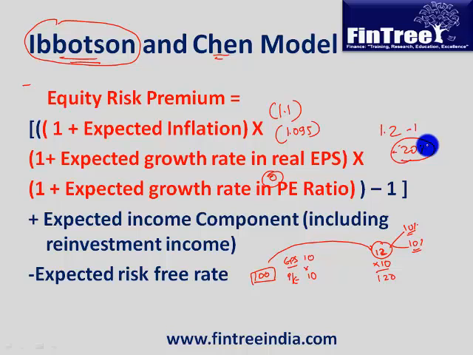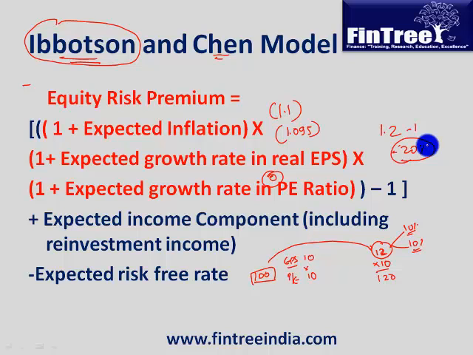Are you following this? So the formula in a way is telling you the same thing, that if EPS increases by 20%, PE remains constant, stock price will increase by 20%. If EPS increases by 20%, PE also increases, then stock price will increase by both the increase in EPS as well as the increase in PE.